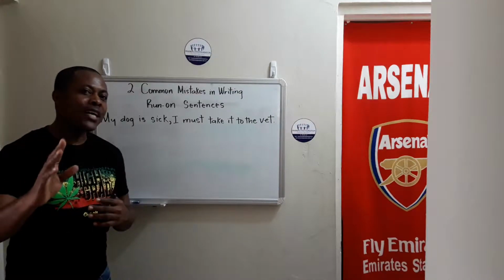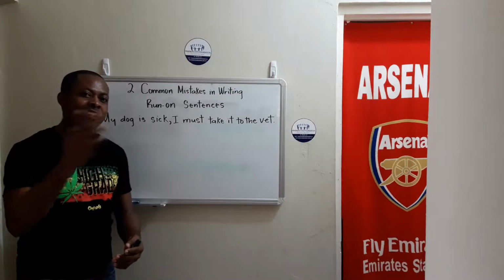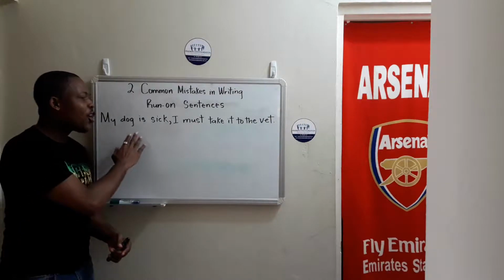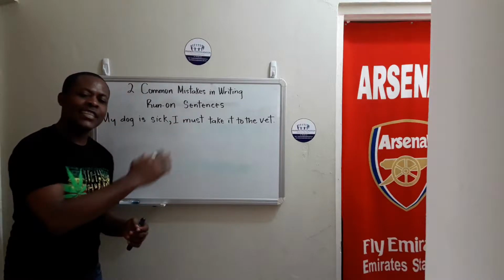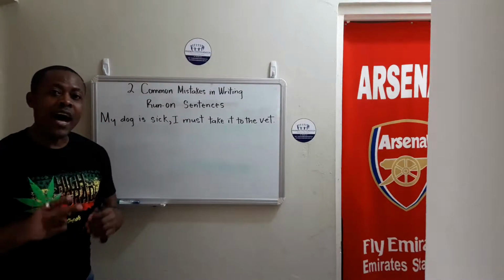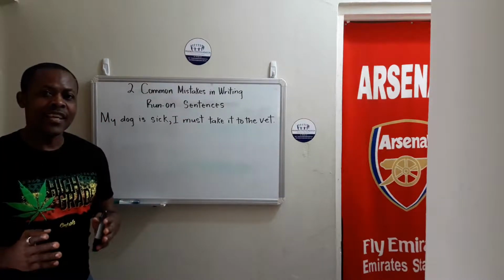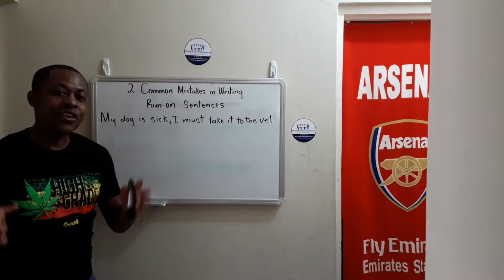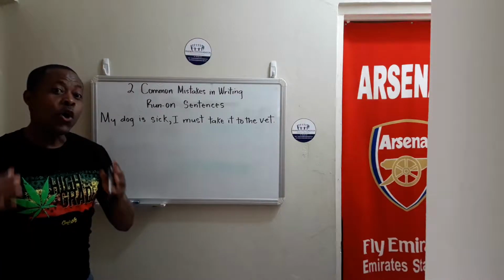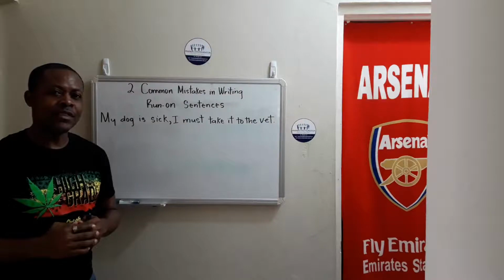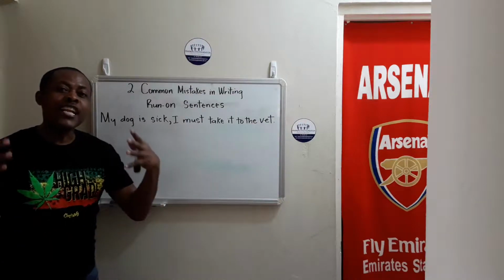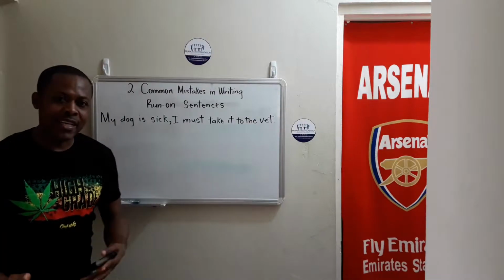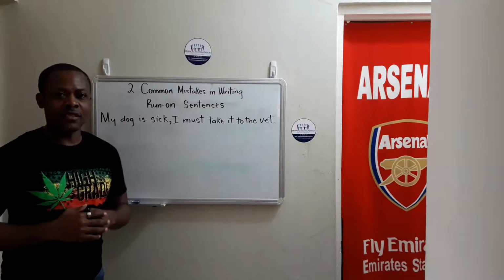Let us look at what obtains here. My dog is sick. I must take it to the vet. These are two ideas that can stand on their own. Now, in the English language, a comma does not have the power to connect or to join two independent clauses.